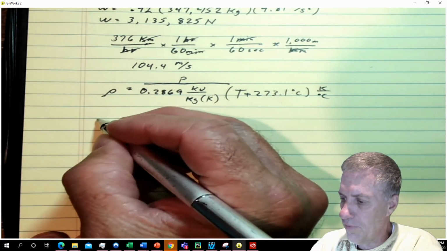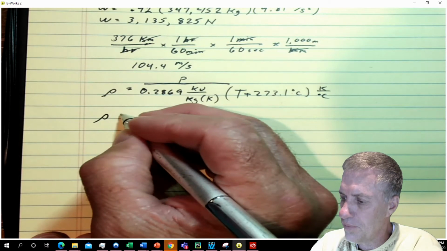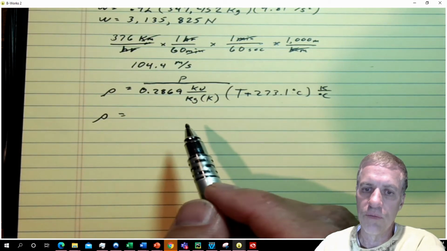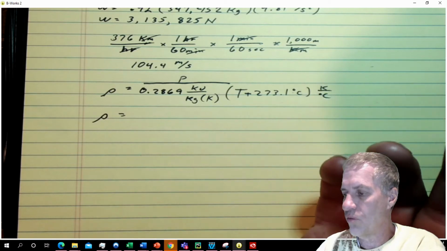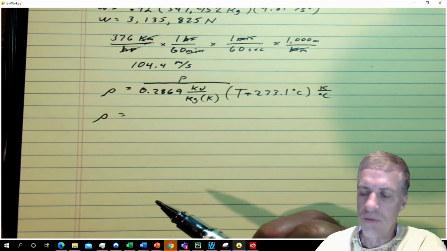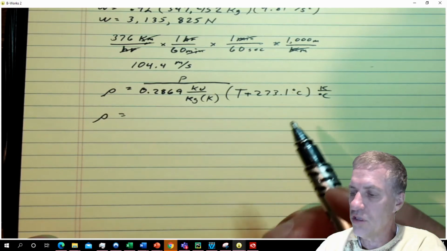All right, so we're going to fill in our values here. And again, I'm not going to make you put the units of measure, because I know that when I do my calculations, if I put everything in correctly, I'm going to come out with kilograms over meters cubed.